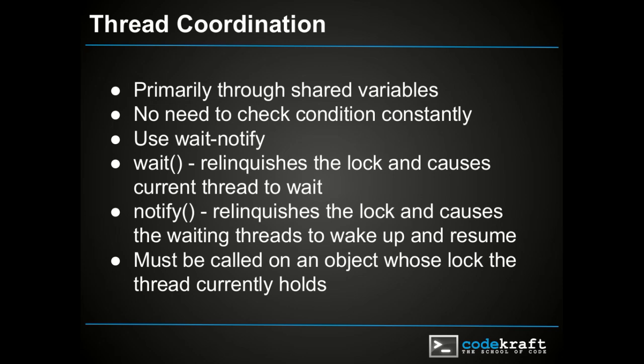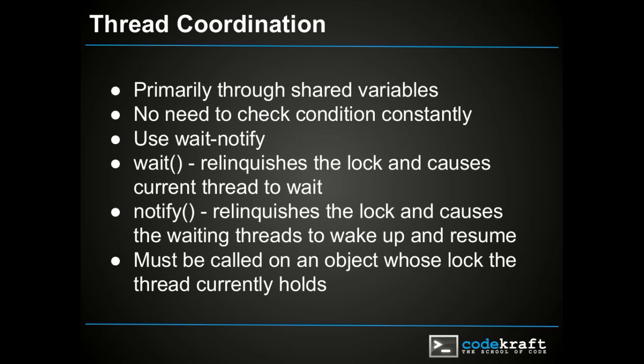Wait is typically a method on class Object, so essentially all objects have this method wait on them. Whenever a thread calls wait on a particular object, the thread should have the lock of that object. If you call wait on an object and you don't have the lock for that object, then it throws an exception.